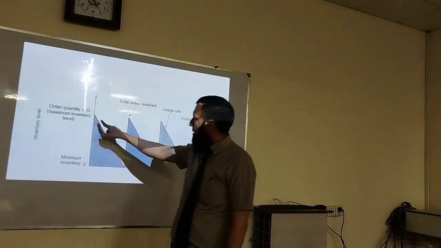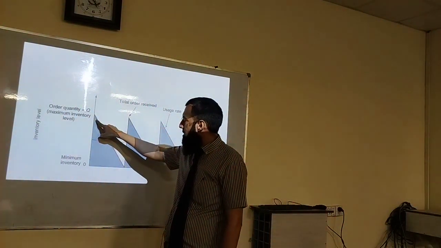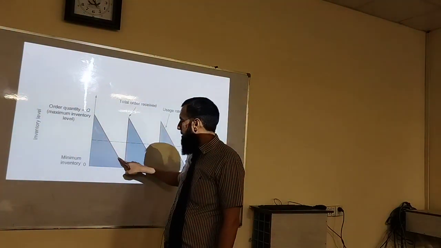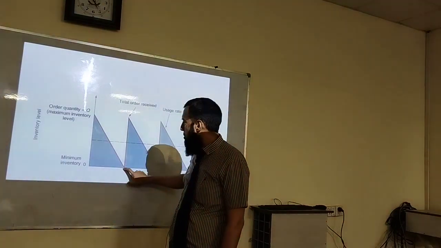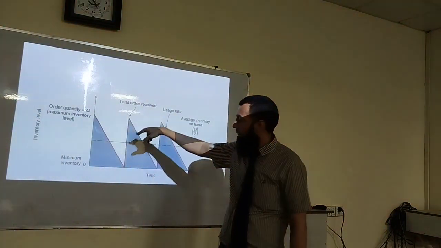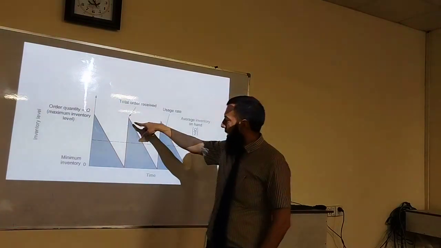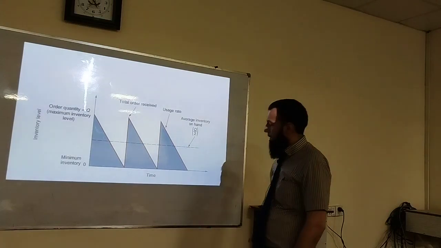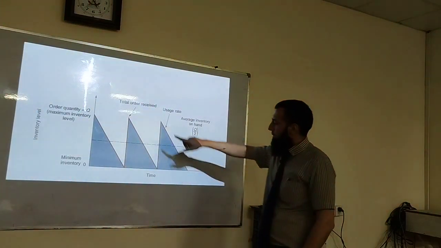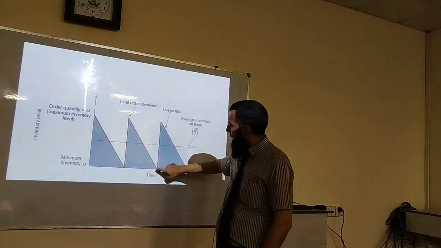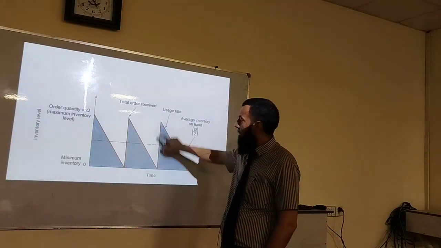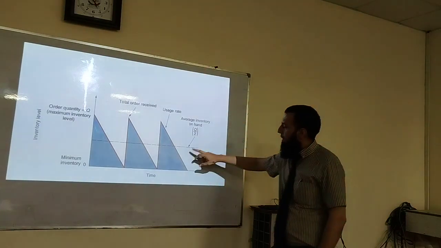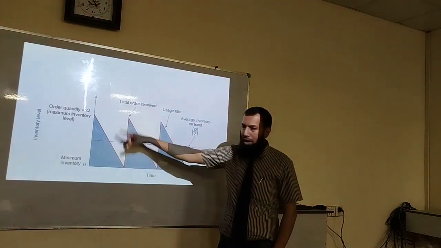The quantity starts from here and keeps being used, and over here it is 0. Then you get the inventory again, and it keeps decreasing until it is 0. Now the order has arrived again.